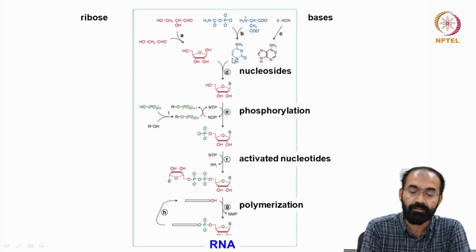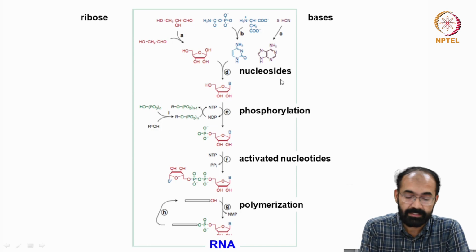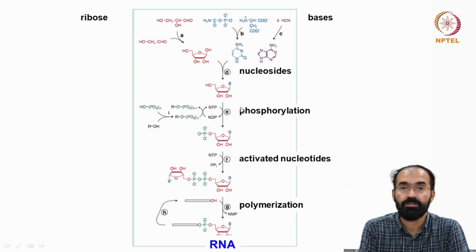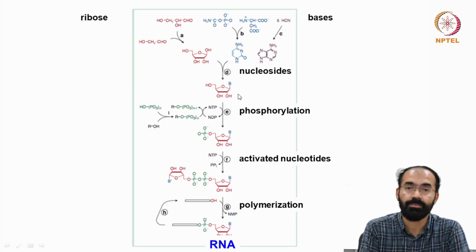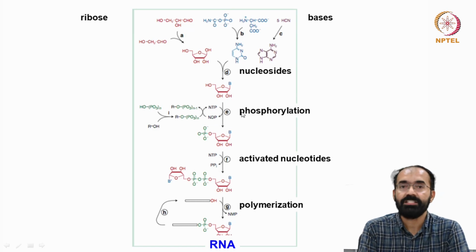You can also have purines and pyrimidines formed from inorganic material. These can combine, and we call them nucleosides. This eventually can combine with phosphate formed from rock weathering, and we call it phosphorylation.